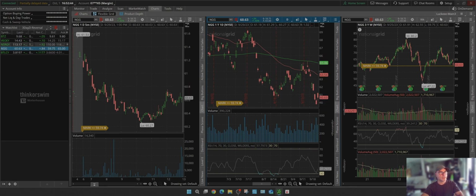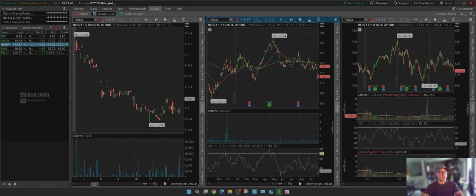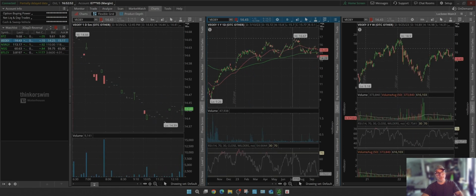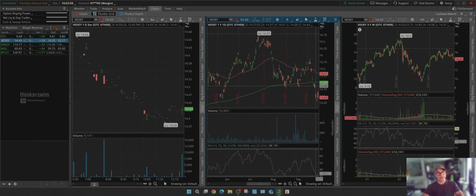So if this is the stock you want to trade, and we have this one, which has already broken through the 50-day moving average, and the 200 moving average is beaten up.